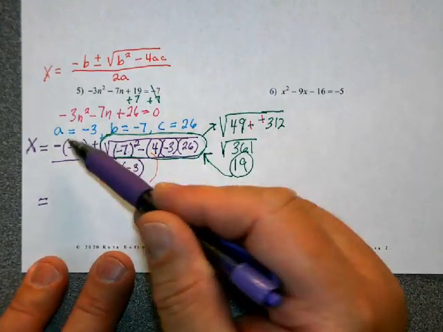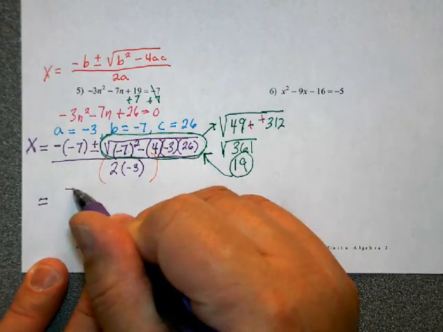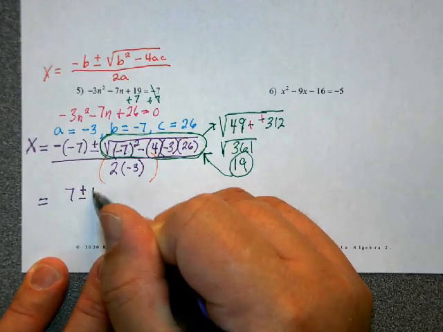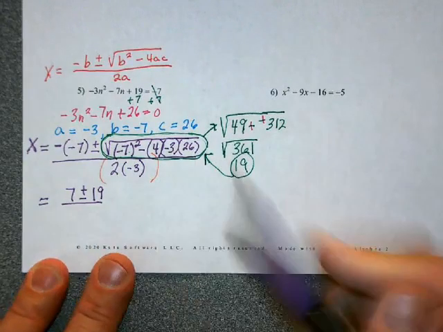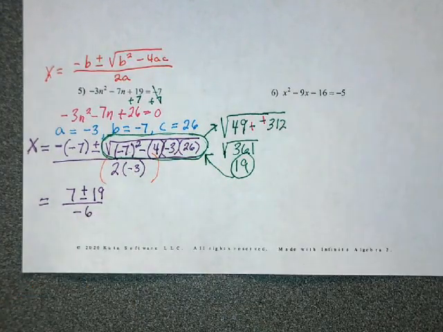So -7 is +7. My plus or minus 19, all divided by -6, right? Where is that coming from? How is it in the fraction? The 7 and the 19.